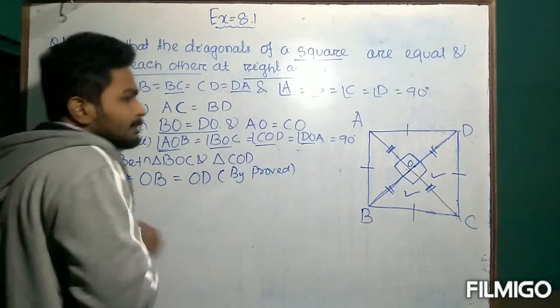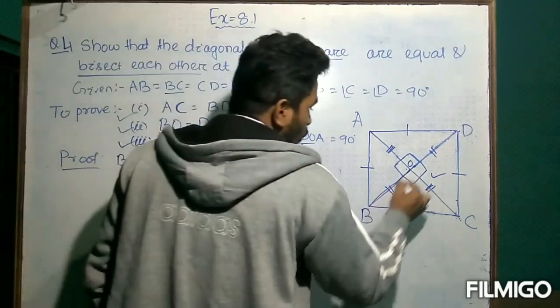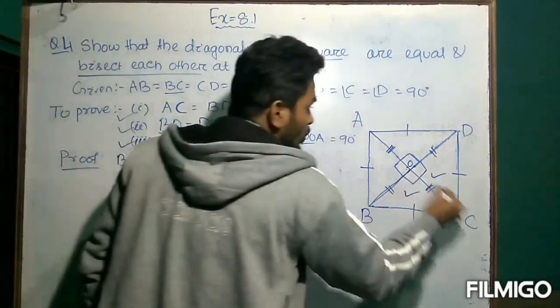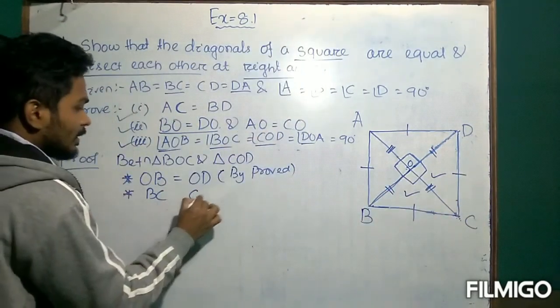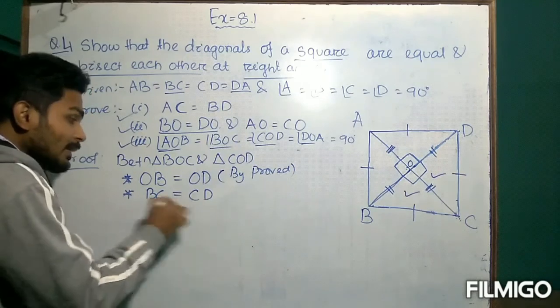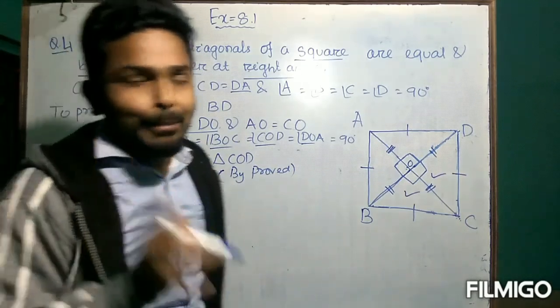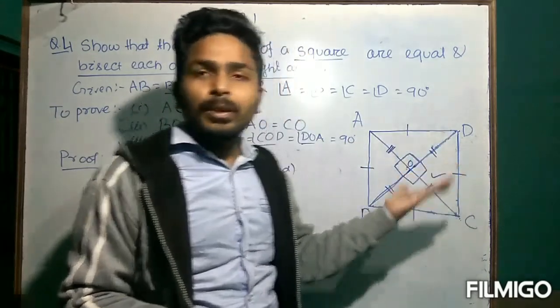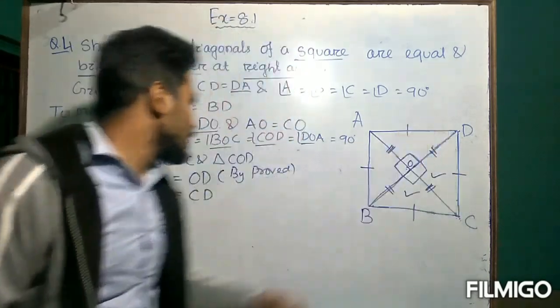Second condition, for the triangle OBC, BC is a side, for the triangle OCD, CD is a side, but both the sides are equal. Why? Because it is a square, and here all the four sides are of equal length, so you can write BC is equal to CD.